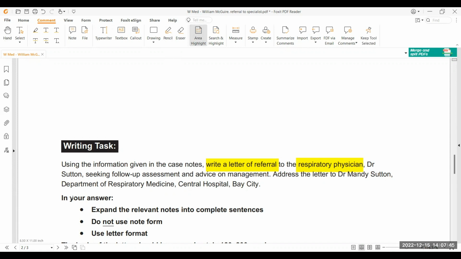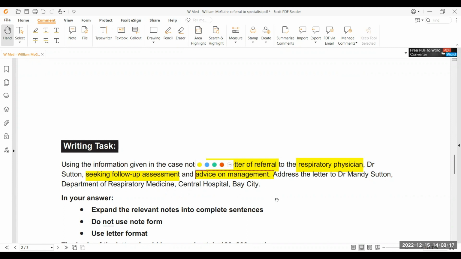The writing task often also gives you the general purpose of your letter, and here it is to seek a follow-up assessment and also advice on management. So you're looking for two things: you're asking for a follow-up assessment, and you're also asking for advice on management.